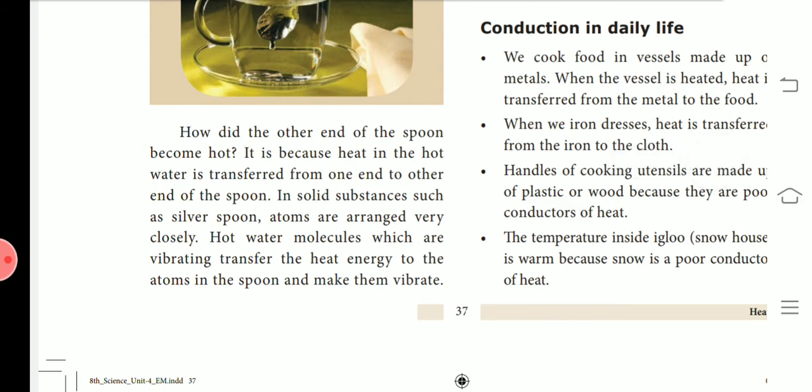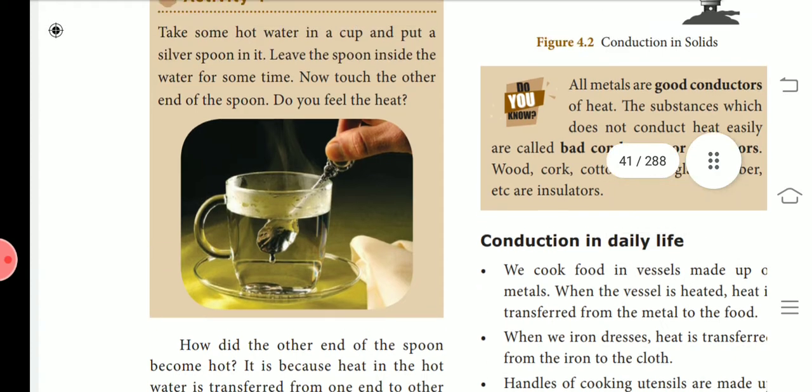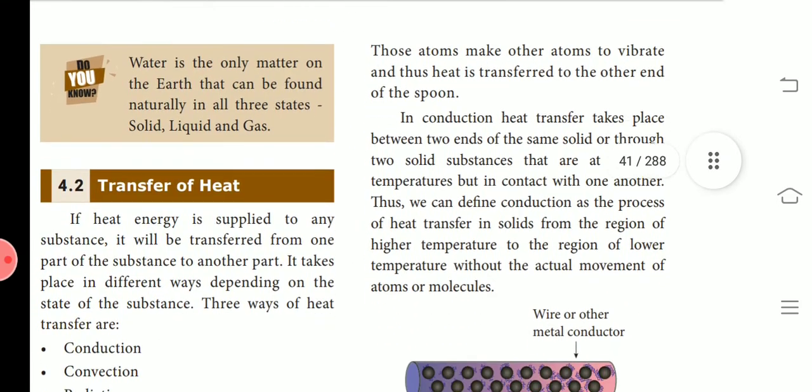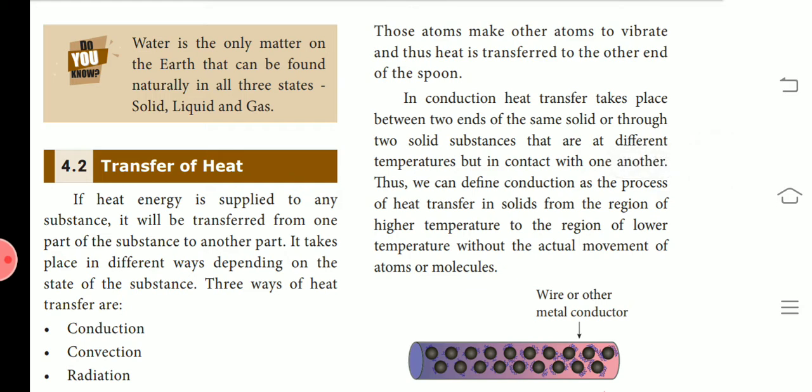Hot water molecules automatically vibrate and transfer their heat energy to the atoms present in the spoon, and so the spoon gets its vibration and you can feel the heat on the spoon. So these atoms make other atoms vibrate, and so the heat is transferred to the spoon. Always remember, in conduction heat transfer takes place between the two ends of the solid.